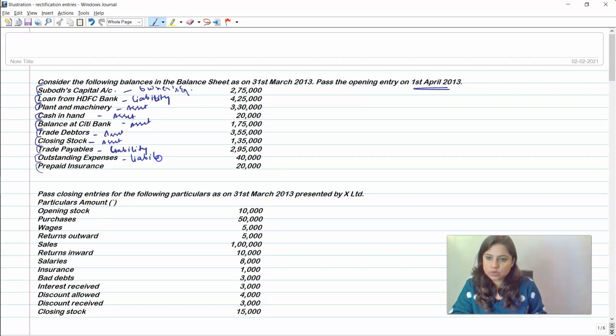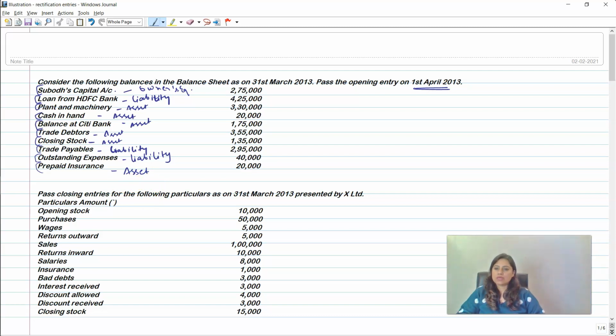As these are expenses which would be outstanding and would be cleared later on, such expenses would be a liability, and prepaid insurance again being an asset. It has been prepaid and this becomes an asset of the business.